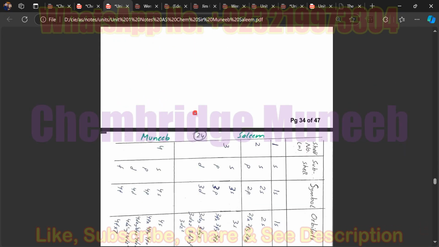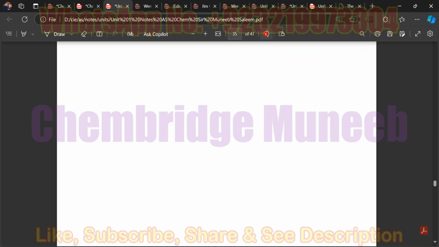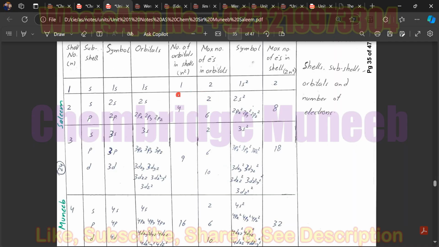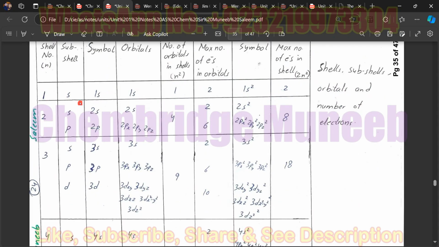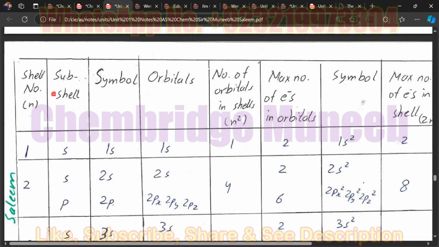Shells, subshells and the orbitals. Okay, here's the table. In this table I have drawn the columns. This is showing the shell number. If it is the first shell, then there is only one subshell, which is s.